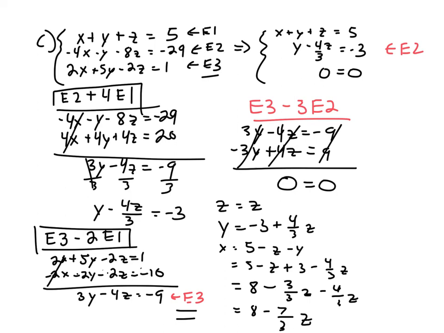Okay? So now to write my answer, first you write the x, so that'll be 8 minus 7/3 z, and then you write the y, negative 3 plus 4/3 z, and then you write z. Okay, and then that's your answer.